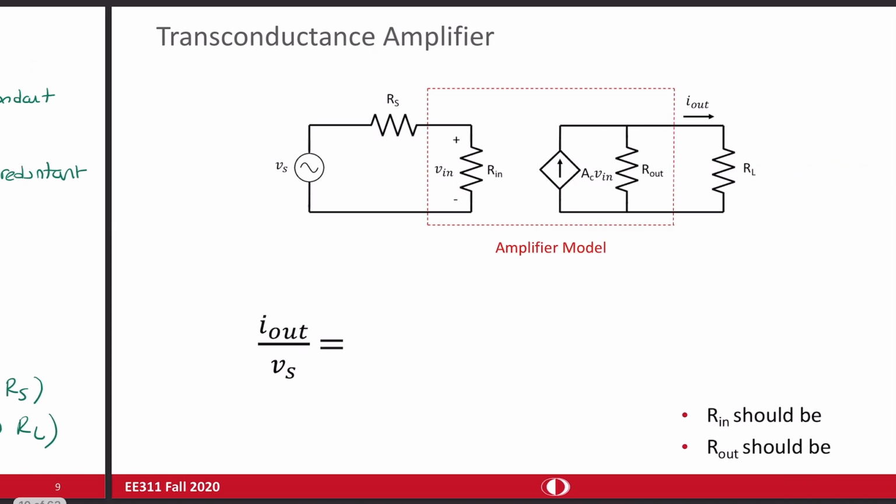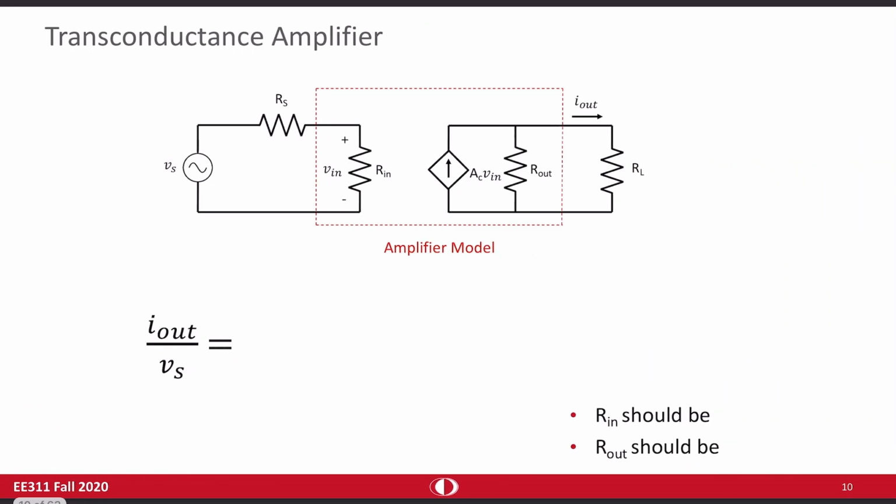Let's take a look at the other amplifier type, the transconductance amplifier. Transconductance amplifier means that the unit of the gain should be conductance. So output is current, input is voltage. So at the input, I am using a voltage source with series resistance. At the output, I have a current source with parallel resistance.